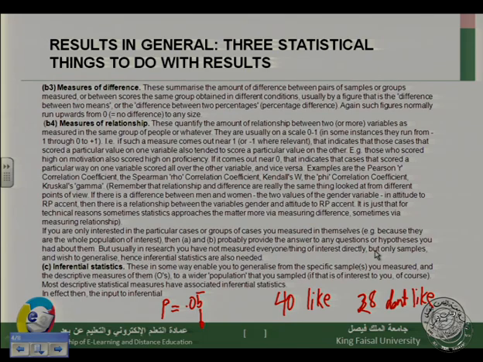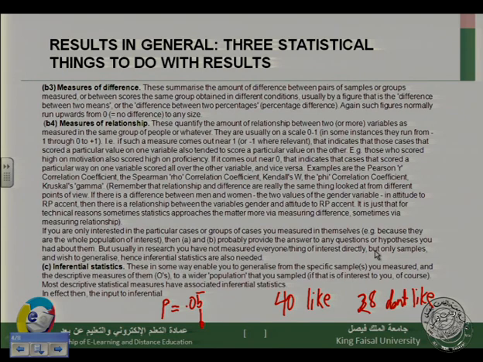We are always looking for significance. If it is significant, then you are standing on strong ground to say, I have a result that is significant, and I can say confidently that there is a difference between a blah and a blah.